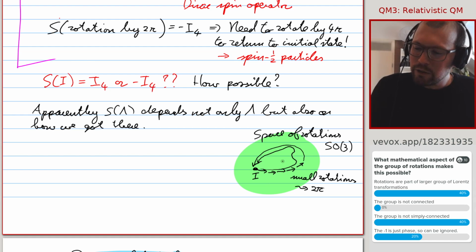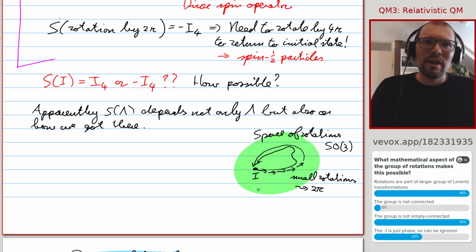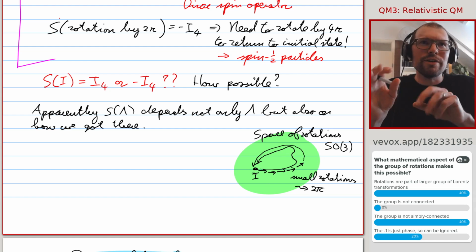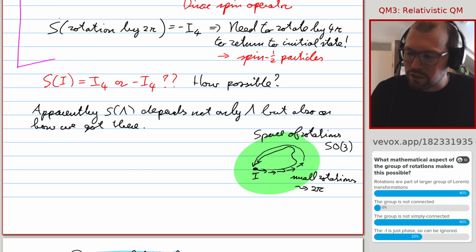So you should think of the effect on the spinors as being dependent on what particular path I've chosen through my space of rotations, but it should be independent under small deformations of this path.